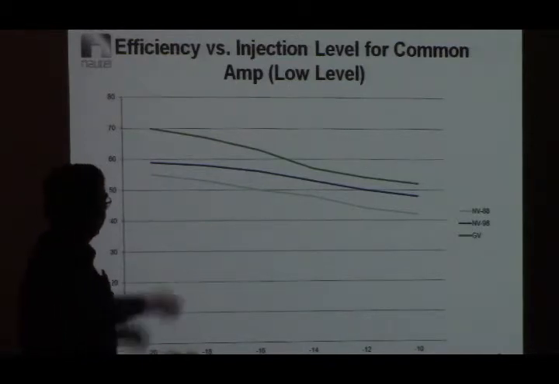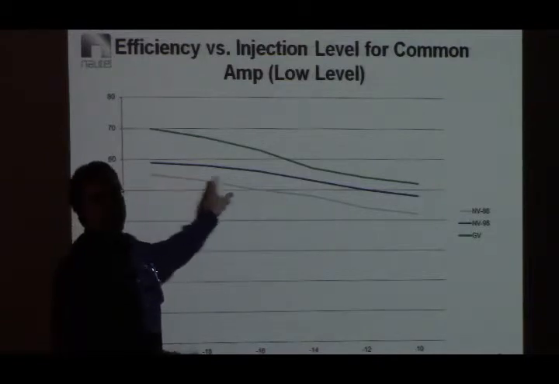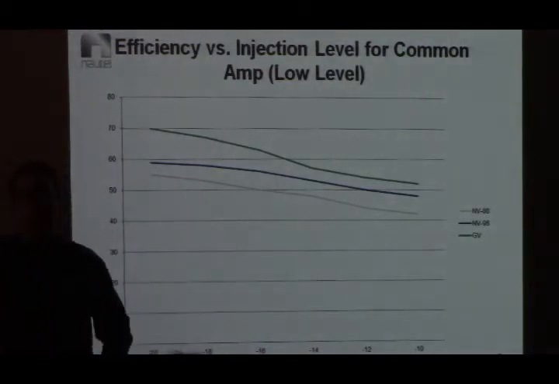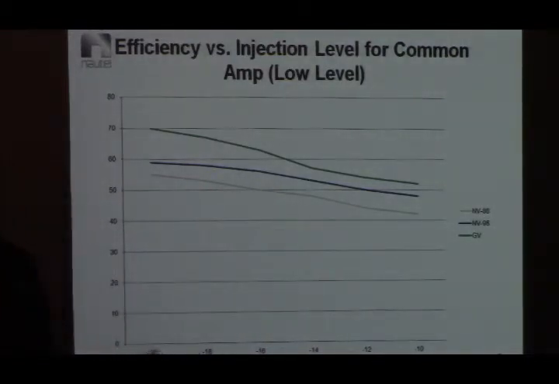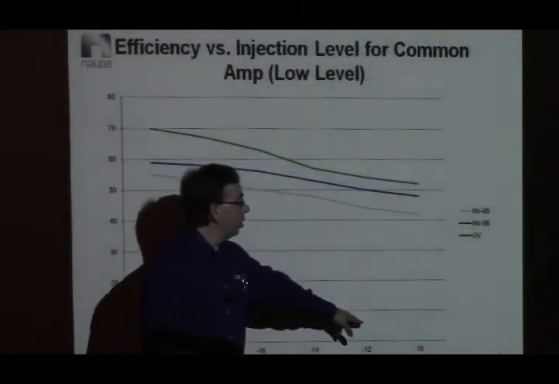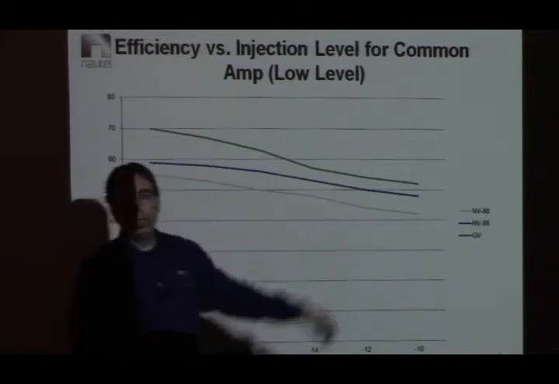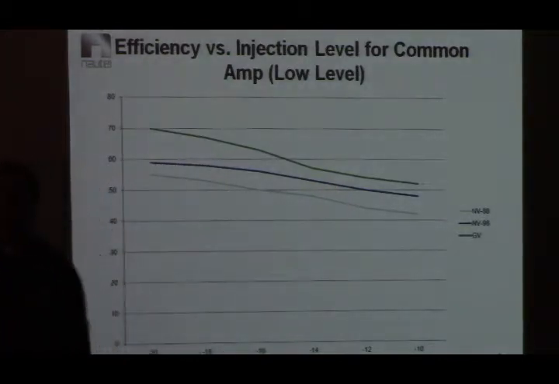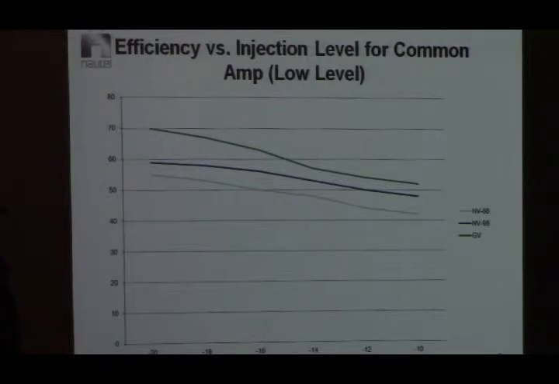Okay, now the other thing you'll see is that efficiency, as you increase, remember we're amplitude modulating an FM transmitter. So as you increase injection ratio, the efficiency goes down. I picked 3 of our different models just to show some of the differences.